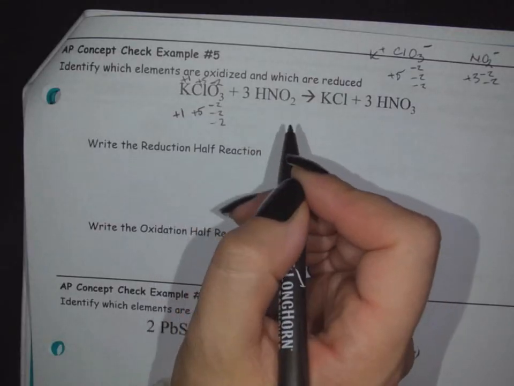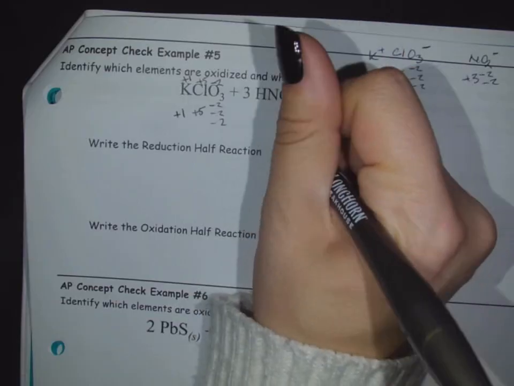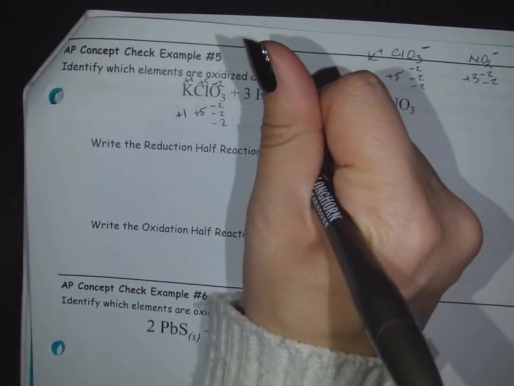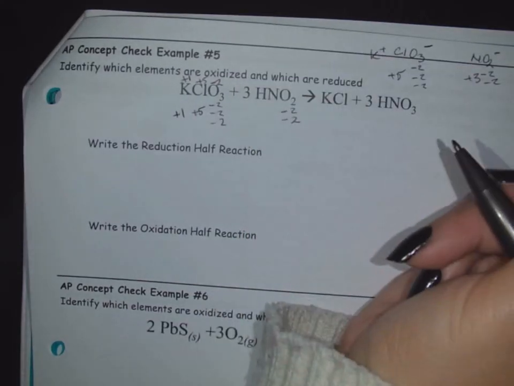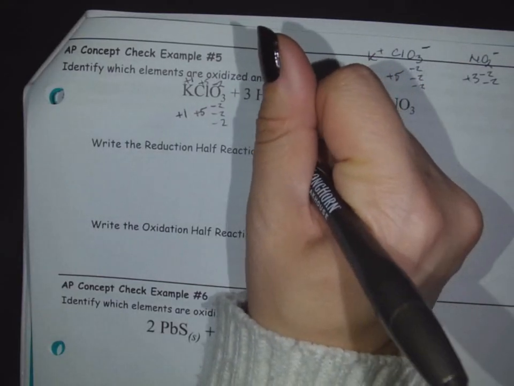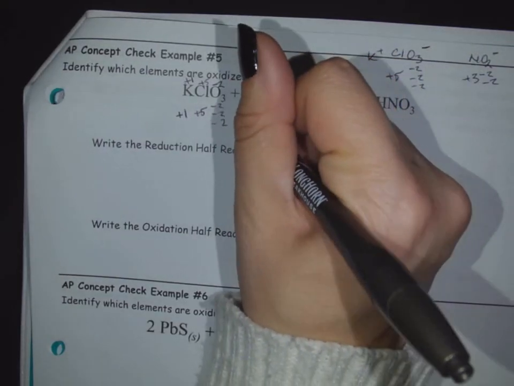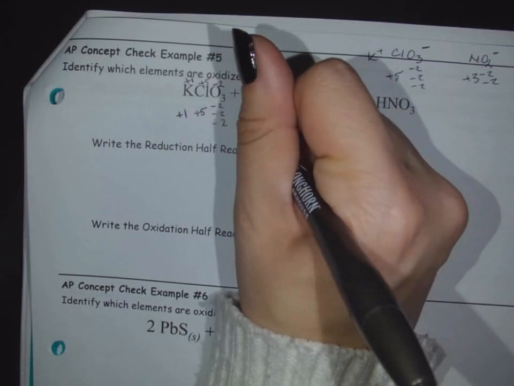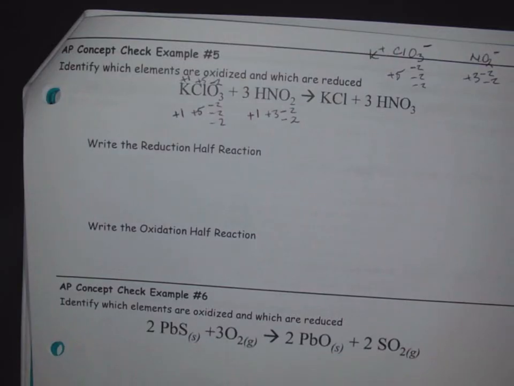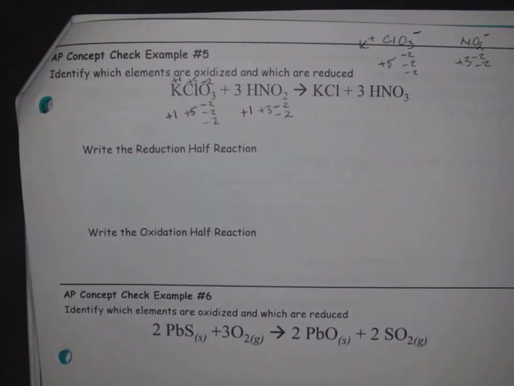The nitrogen is a +3, and then this hydrogen is a +1.